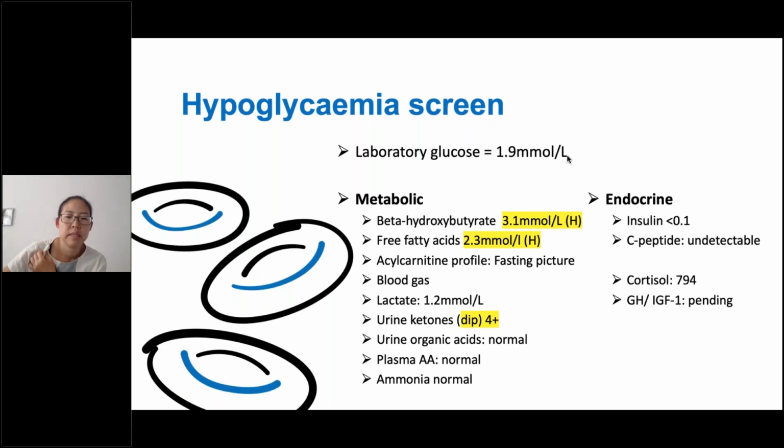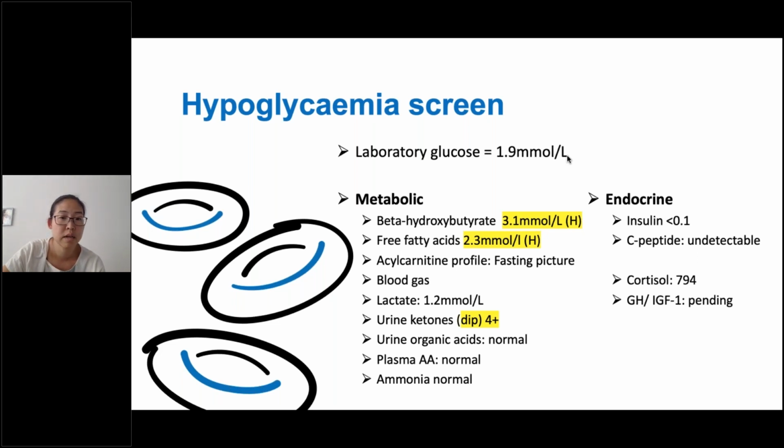So you can see the beta hydroxybutyrate, which is aka ketones, is high. So in a child who's fed, like for you and I, if you just had lunch and we did ketone monitoring on you, I would expect your ketones to be less than 0.5. Yeah, so this is high. And the free fatty acids are high.